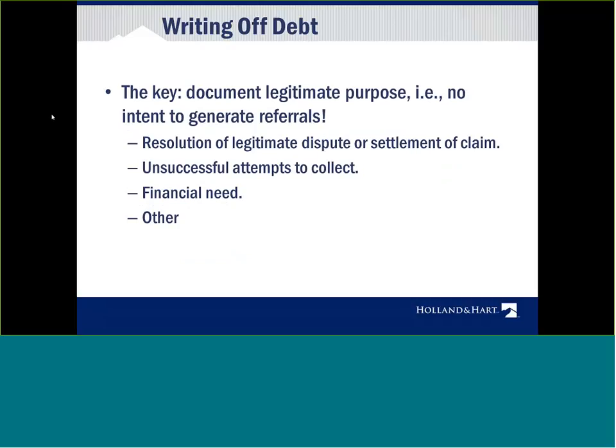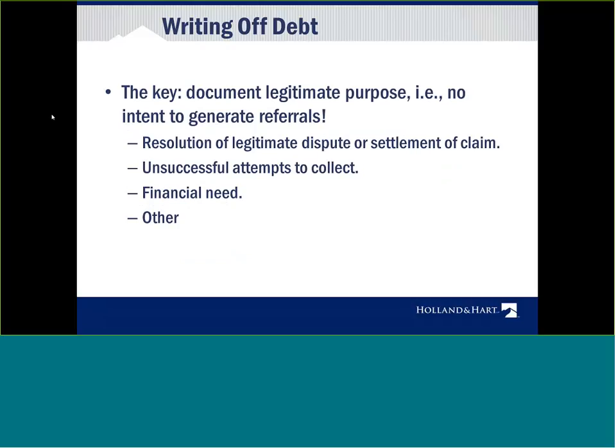A big key in this one is to really document why you're writing off the debt or the bill. You want to show and document that your purpose here is for your business purposes, the background on the individual situation you're considering, not that there is an intent to generate referrals by the write-off process.